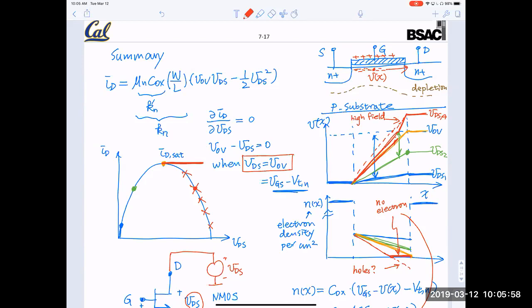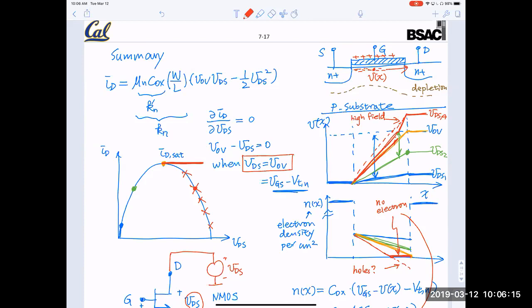Indeed, that is the case. There's no steady state electron concentration there, but electrons are flying by at very high velocity very quickly through that pinch-off region.